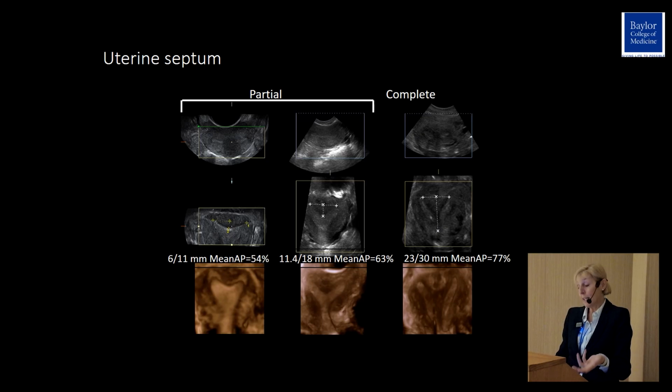So this was technically a septum, even though it was just a 6 millimeter arch that was coming down inside the cavity. And then the other two examples, the one in the middle and the one to the far right, those are definitely nailed by that classification.